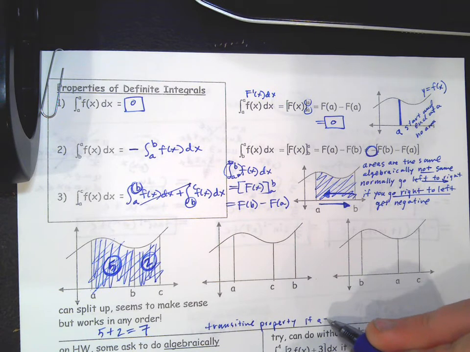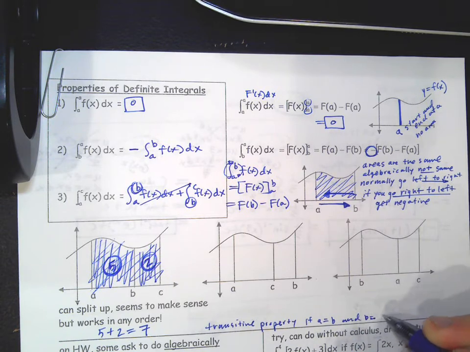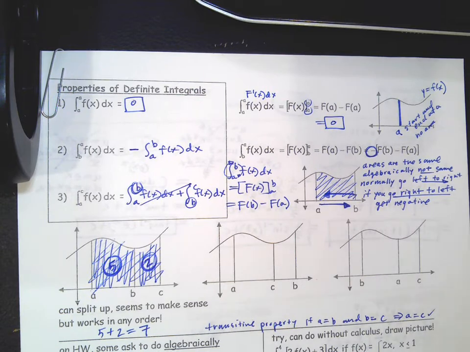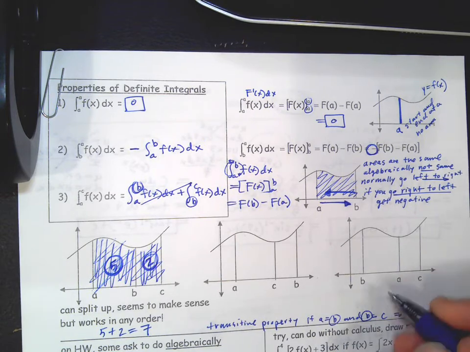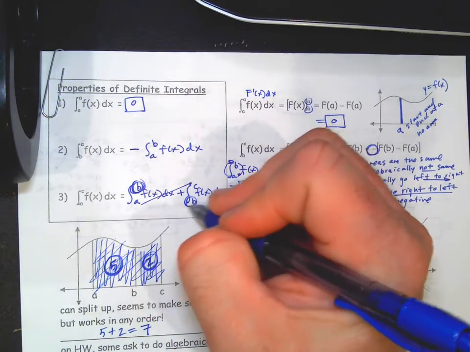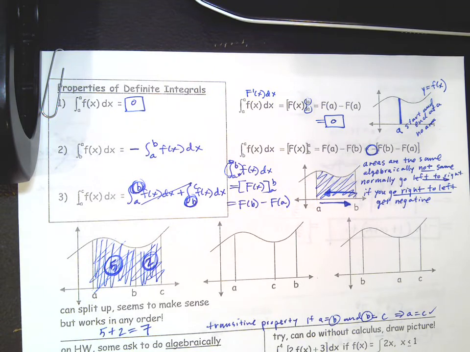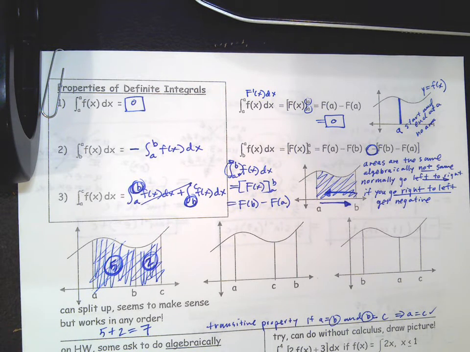If A equals B and B equals C, then A equals C, right? That's the transitive property. Now, this is not the transitive property, but it makes me think of that if you have some common thing in the middle connecting it, you can just connect them together and cut out the middle part. And that's kind of how it works.